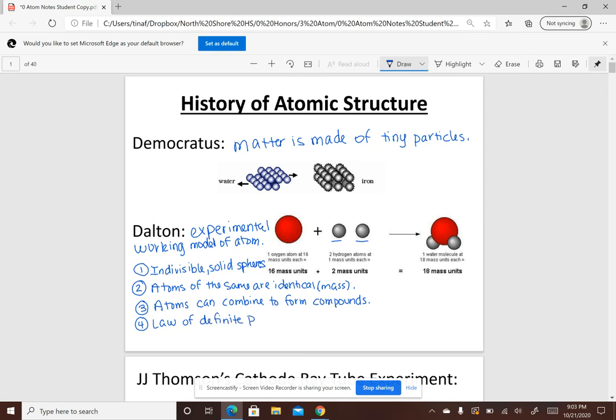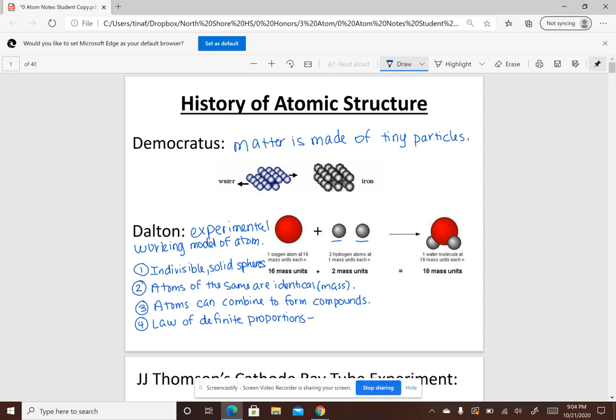And you guys already know this idea. We just didn't give it a name, because in the matter unit, when we studied compounds, we said that the definition of a compound is when two or more elements chemically combine in a fixed proportion. So for example, to make a water molecule, you have to put together 2 hydrogens and 1 oxygen.